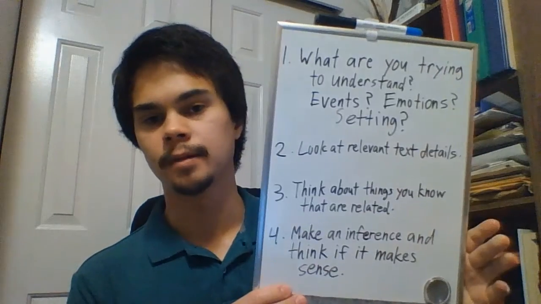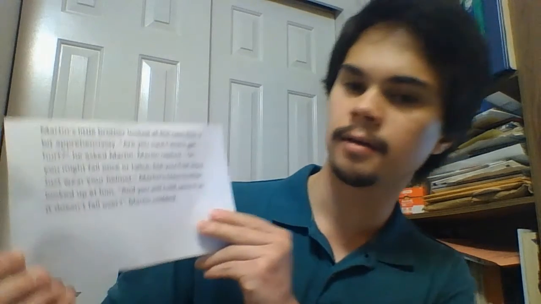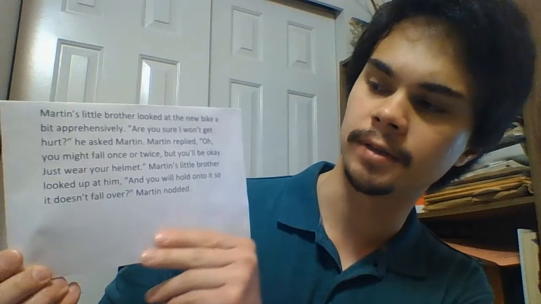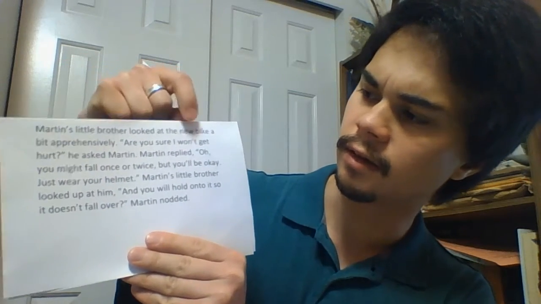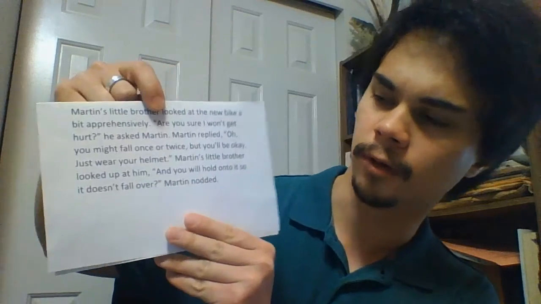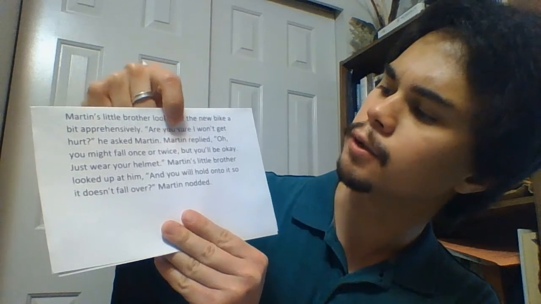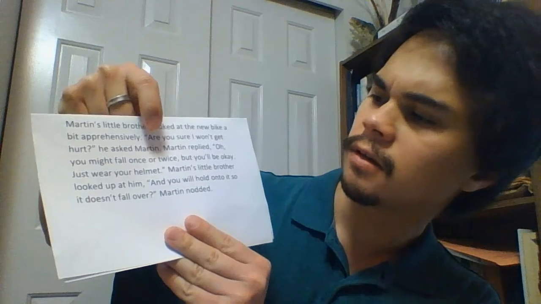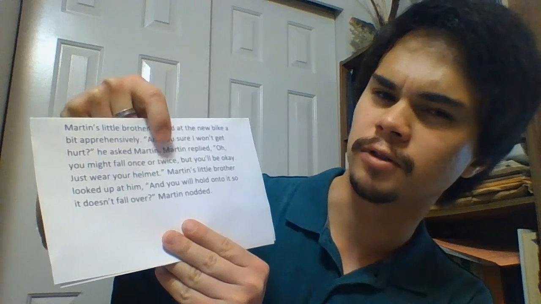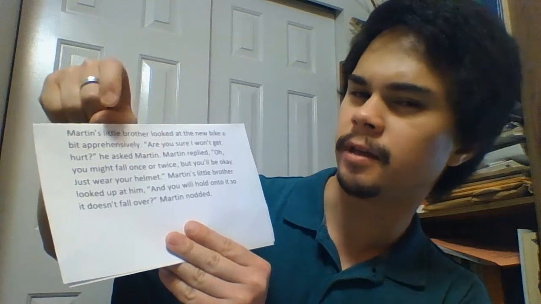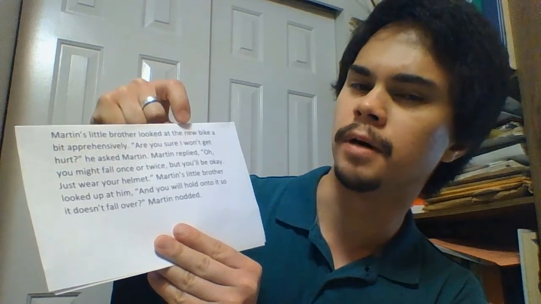Step 2 now is look at relevant text details. So let's reread, glance through the text again to find relevant text details. So we know right at the beginning that there's a new bike involved. Okay, let's keep glancing over, read in your head. Okay, so Martin's saying he might fall over once or twice. Probably saying he might fall off of the bike.